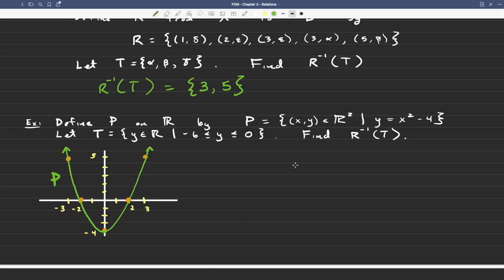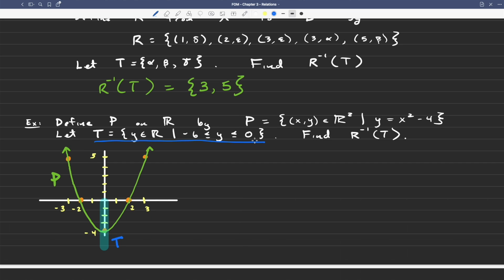So the y components that I'm being given here are between -6 and 0. So let me indicate those on the axis here in blue. So -6 to 0, my set T kind of looks like this, shaded in blue there. So here's the set T. Those are y components.